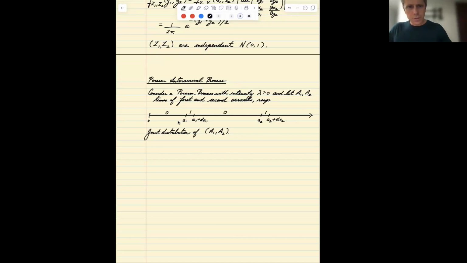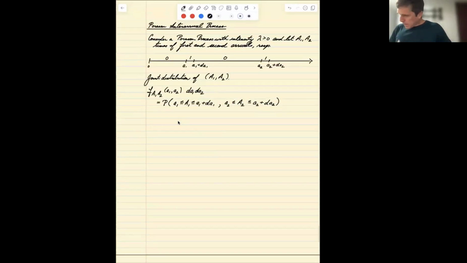In other words, the joint density times the width approximates the probability that A1 is within a small region dA1 and A2 is within a small region dA2.